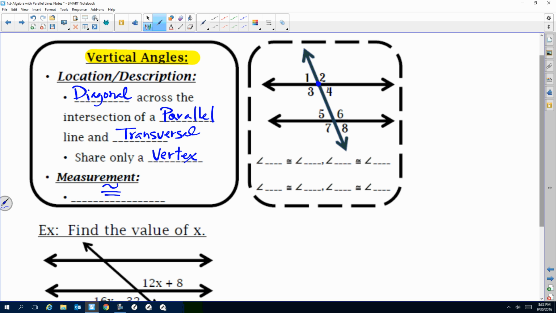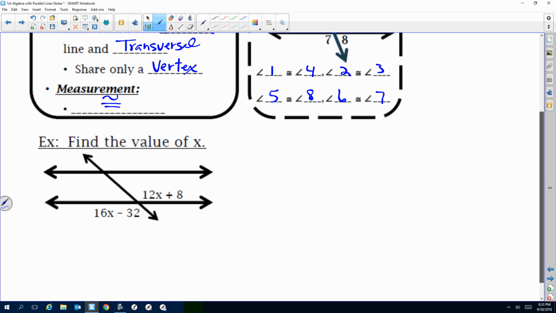I could see that 2 and 3 are vertical, and 1 and 4 are vertical. Okay, I know you're pretty much familiar with that, so let's just go ahead and list the ones we see. We got 1 is congruent to 4, 2 is congruent to 3, 5 hopefully you see is congruent to 8, 6 is congruent to 7. And so we're still going to use those relationships to help us problem solve.